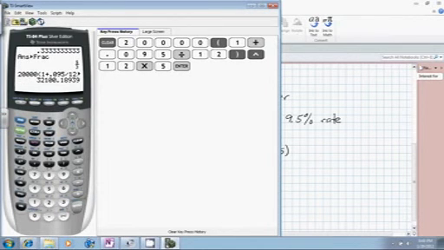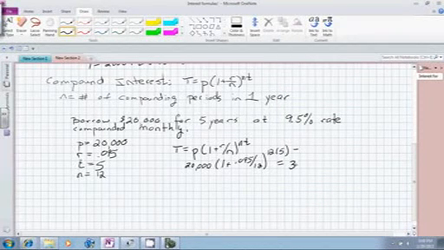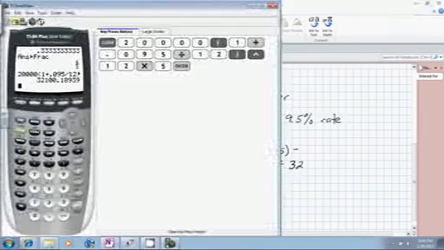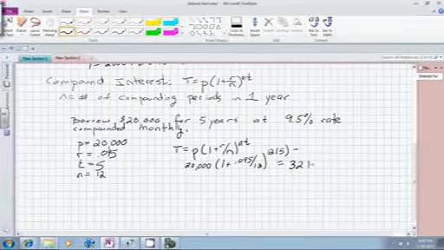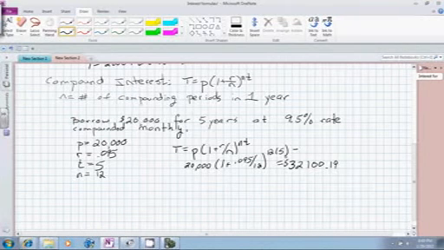Which gives me $32,119.19. Now, one thing to note on this formula is that it gives you your total amount.